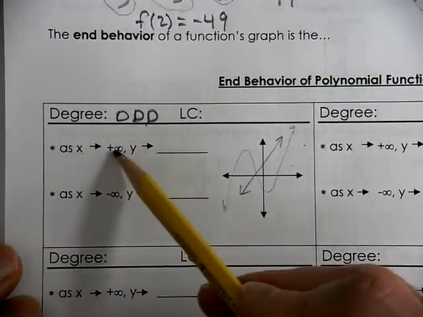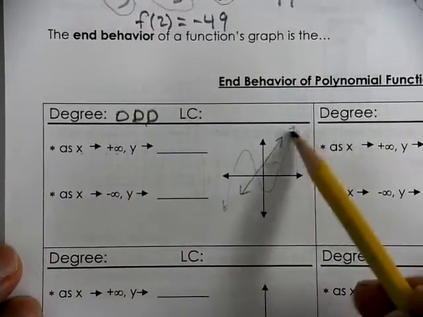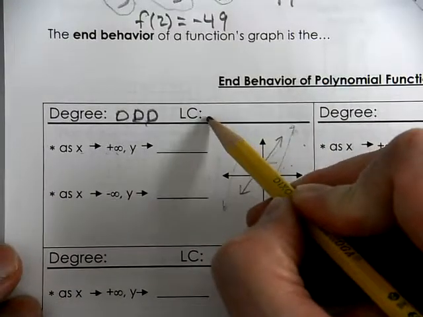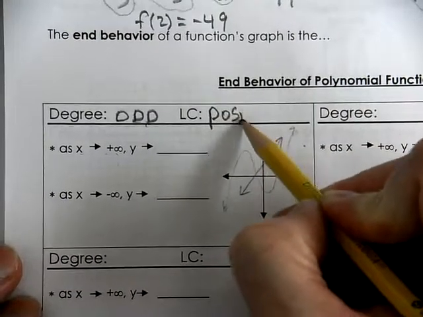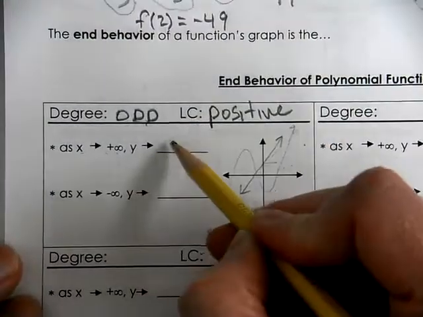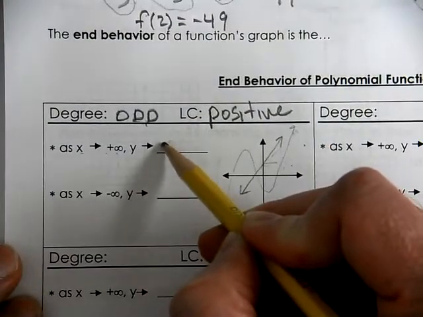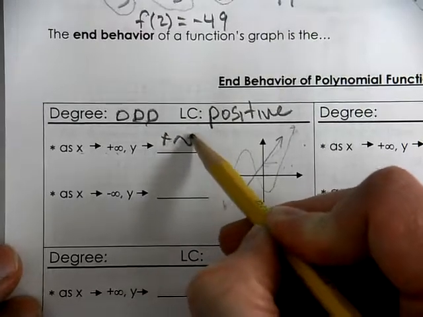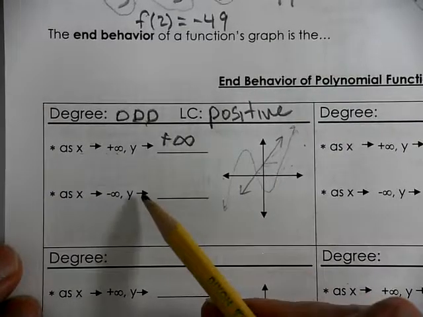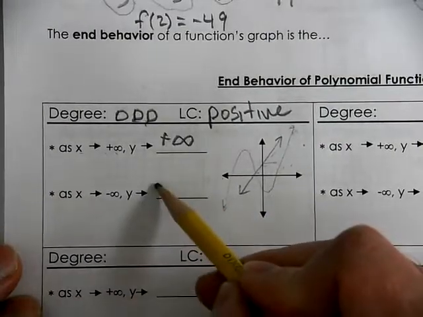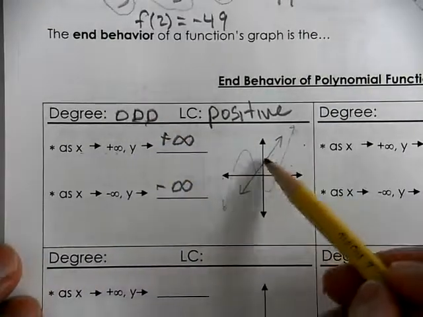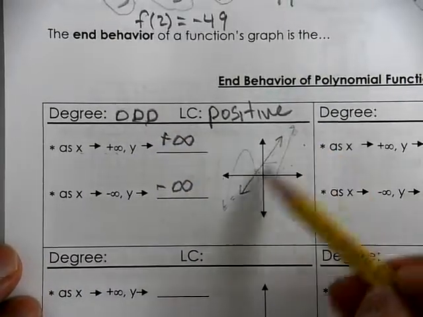So as x approaches positive infinity, if you have an odd degree and a positive leading coefficient, then the y value is going to be positive. It's going to approach positive infinity. And if we look to the left, to negative infinity, we see that the y value drops. It goes to negative infinity. So odd degrees go in opposite directions.